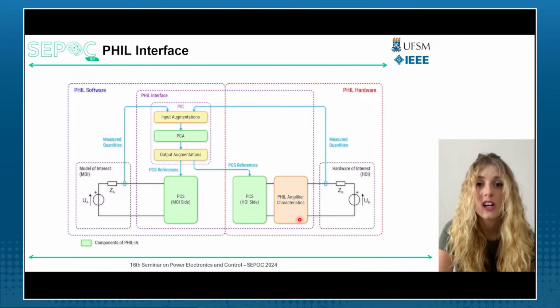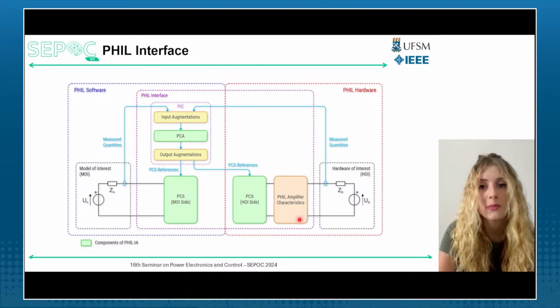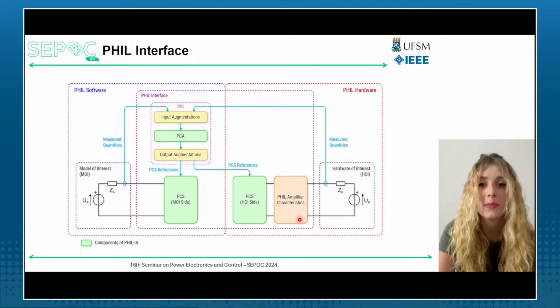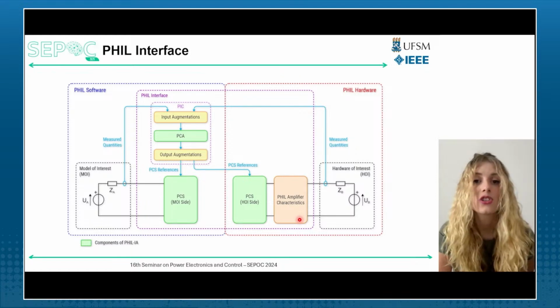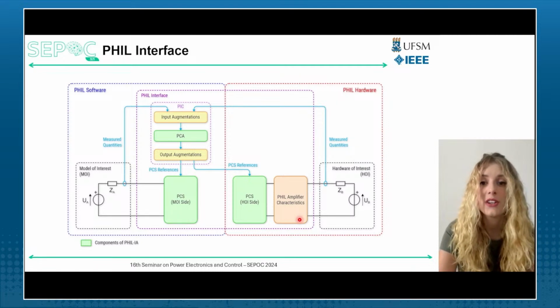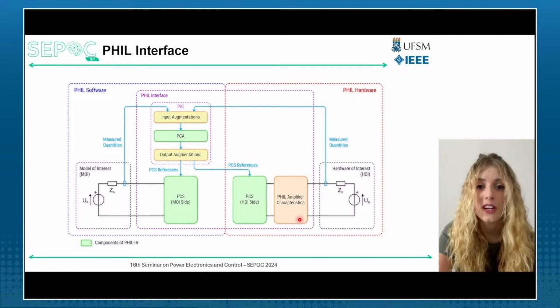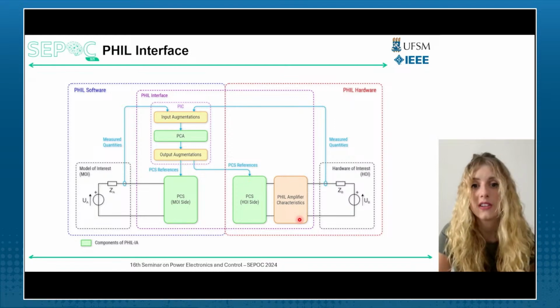First of all, the model of interest needs to be able to replicate all instabilities of the system. So in case the system has certain instabilities, those instabilities should be preserved and replicated by the model of interest.